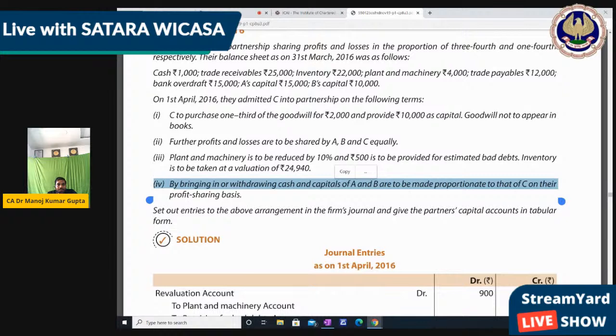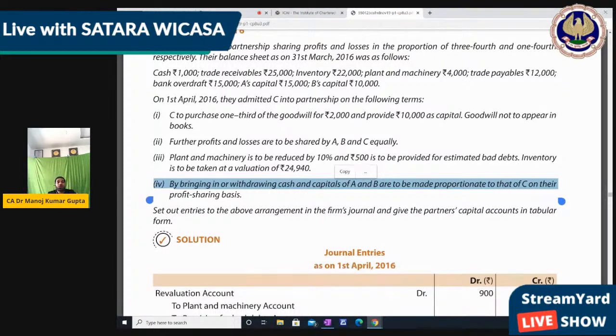Then go ahead. Set out the entire above arrangement in the firm's journal and give the partners' capital accounts in tabular form. So they say they want the partners' capital account in tabular form and journal entries for these transactions. They don't want the balance sheet. So no need to prepare the opening balance sheet, because if we prepare it, then we have to find any balance, anything remaining.